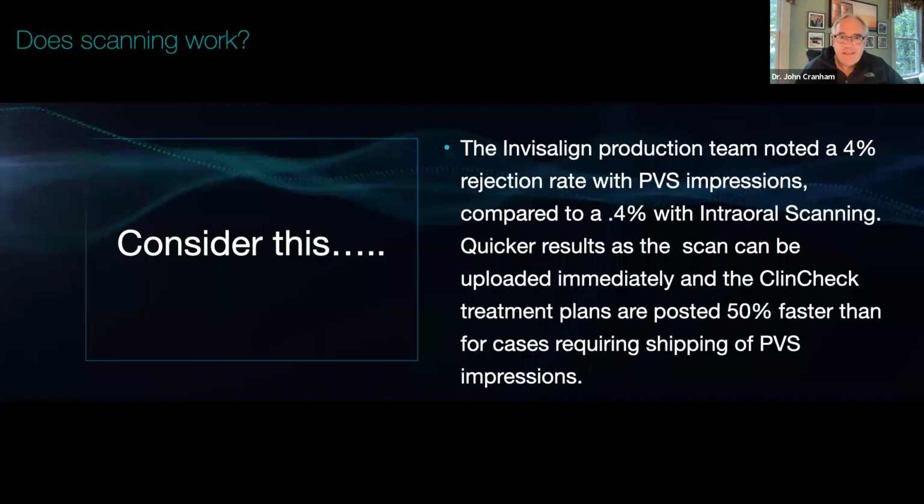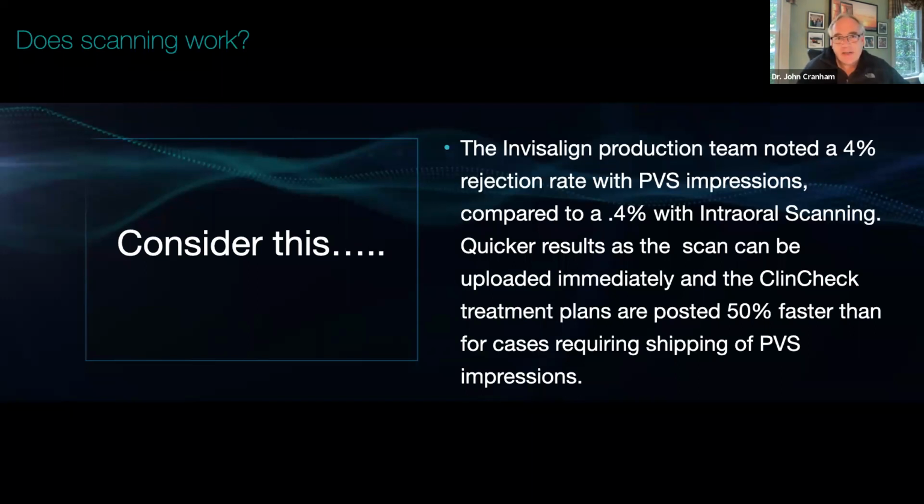If you still have doubts about whether scanning works, let's just look at a few barometers out there in the literature. I found this one interesting. Looking at Invisalign, the Invisalign production team noted a 4% rejection rate with PVS impressions compared to a 0.4% with intraoral scanning.